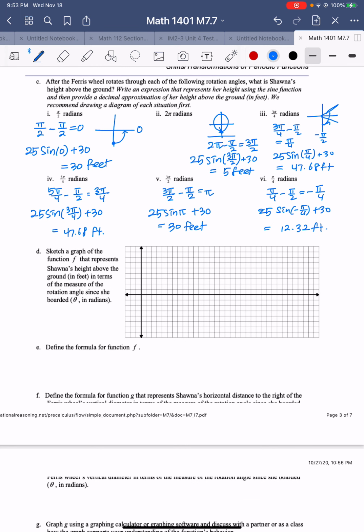So we are going to sketch the graph of the function that represents Jonas's height above the ground in terms of the measure of the rotation angle. So in here, I want to mark pi over 2, pi, 3 pi over 2, 2 pi, 5 pi over 2, 3 pi, 7 pi over 2, and then 4 pi here.